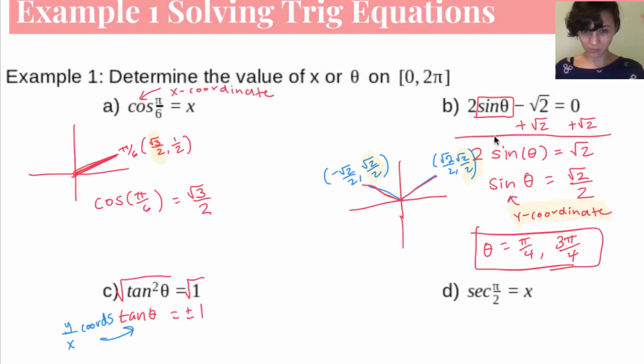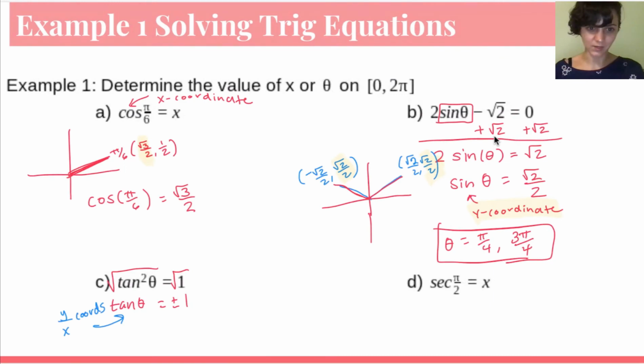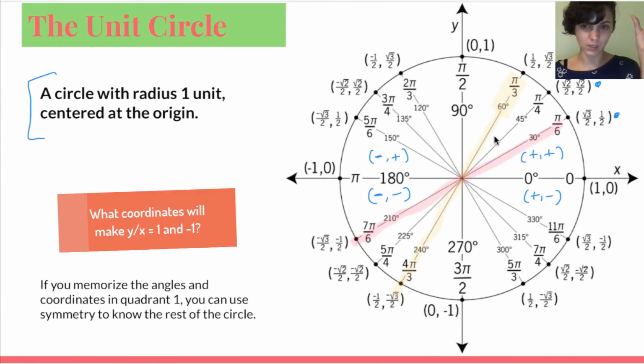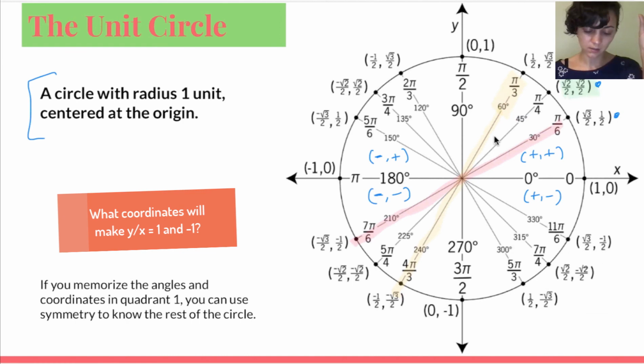And maybe part B will help you. Where are the coordinates for x and y the same, so that tangent would equal 1? Looking here, find all the places where they're the same. Hopefully you can see that there, there, there, and there.